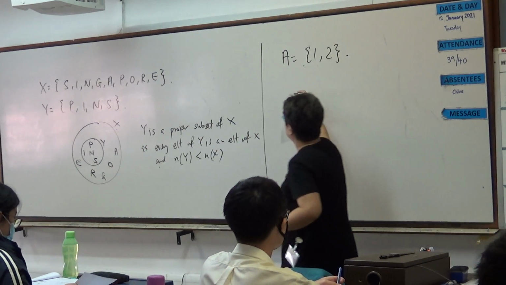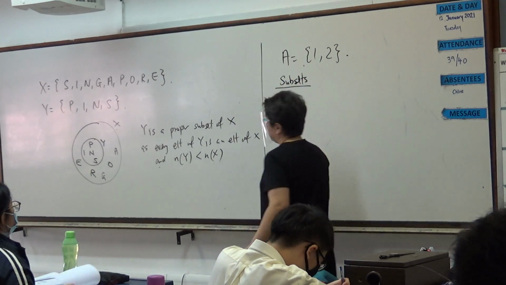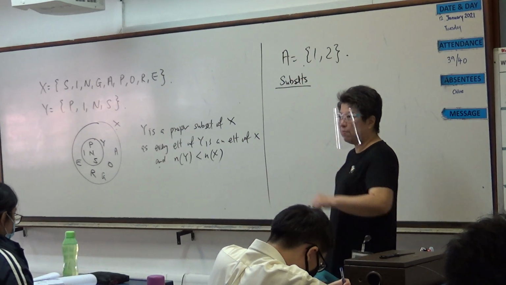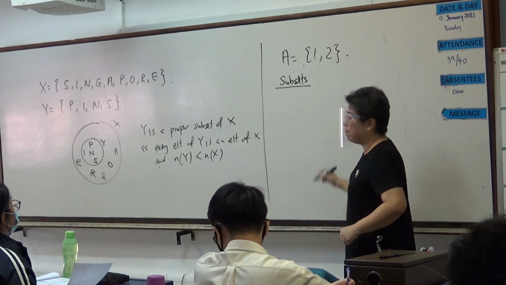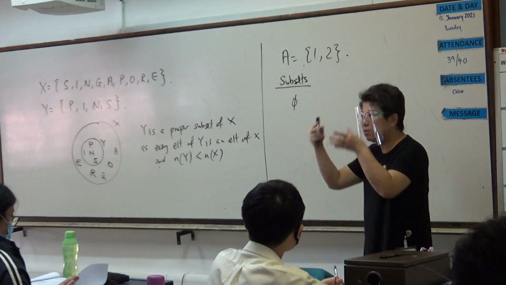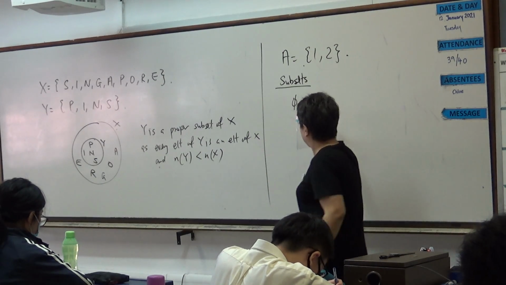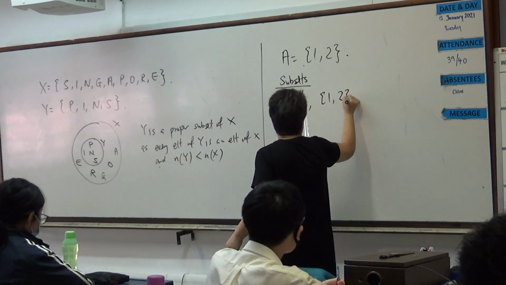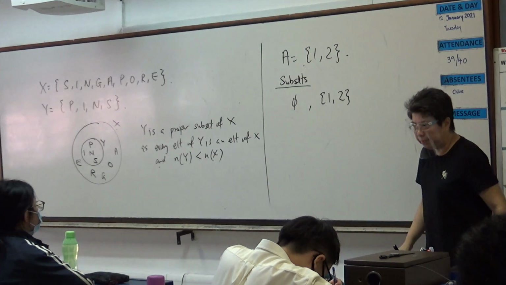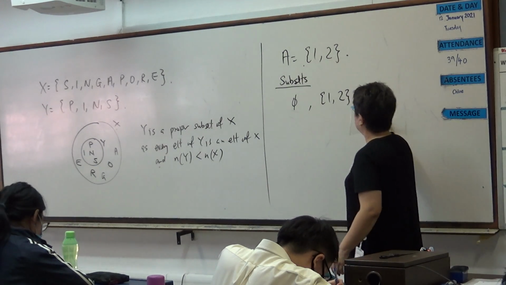The subsets. There are actually 4 subsets here. Now, how come? The null set is always a subset, because nothing is surely a subset. Understand? And the set itself is a subset. What other subset do I have? Just one also can, right?